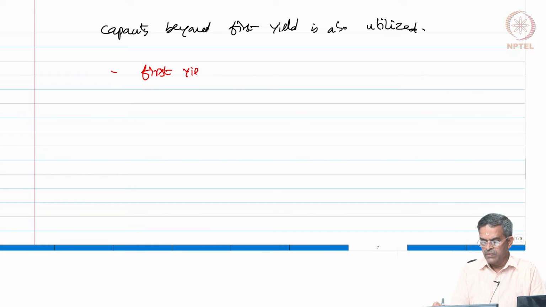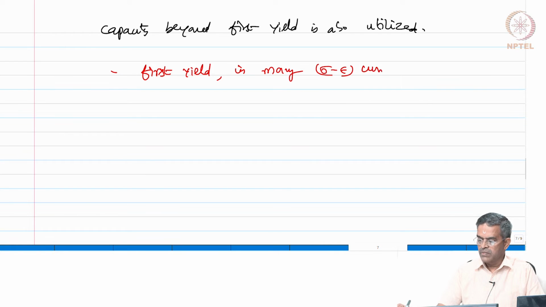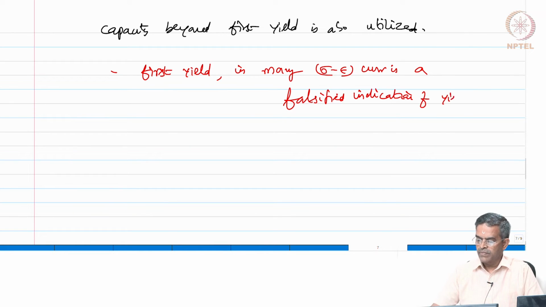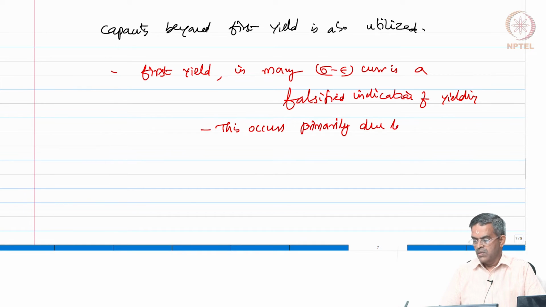First yield in many stress strain curves is a falsified indication of yielding. This occurs primarily due to the presence of residual stresses.